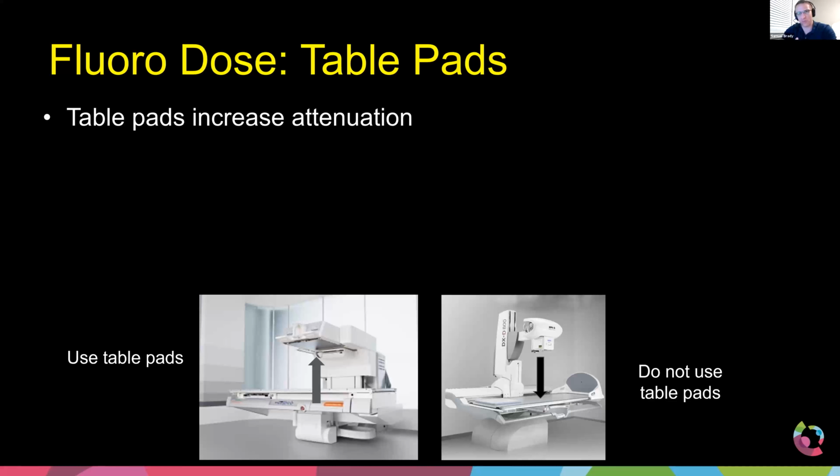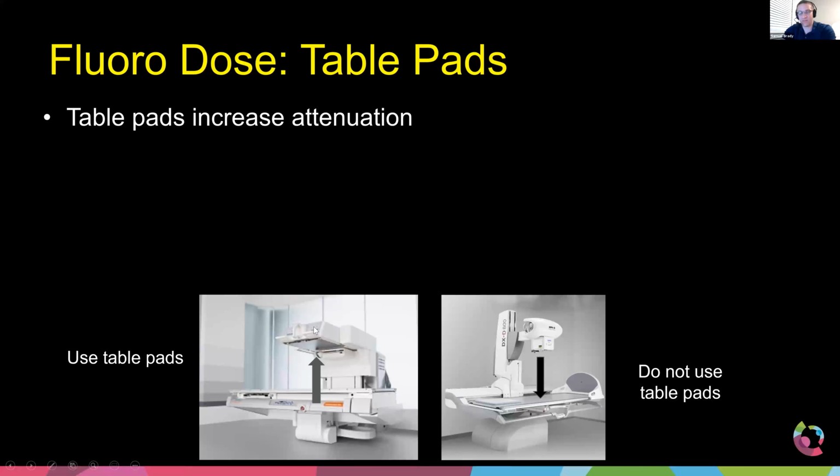So if they absorb radiation, the system needs to put more radiation out to get the same dose to the detector. So if you have a tube up here and the detector down here, and you have a pad and a patient on here, if you put the pad here, this machine thinks this patient's thicker, so it will irradiate more.